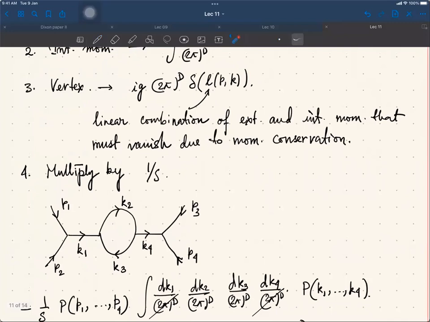So far, whenever we are calculating, say, Gn or the generating functional, you have to classify topologically various diagrams, and the parameter that restricts the topological variations is the number of vertices. We have been classifying diagrams in terms of the number of vertices.